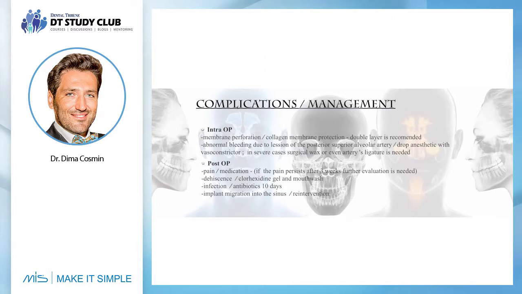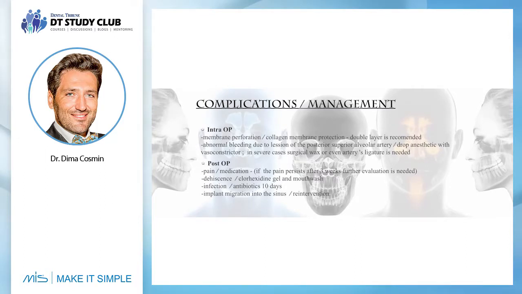That means that this intervention must be done very, very gently. Otherwise, we can perforate it, but we can manage it. If the perforation is not too big, only a few millimeters, we can protect it with a resorbable collagen membrane, and a double layer is recommended. I will show you in the clinical cases.